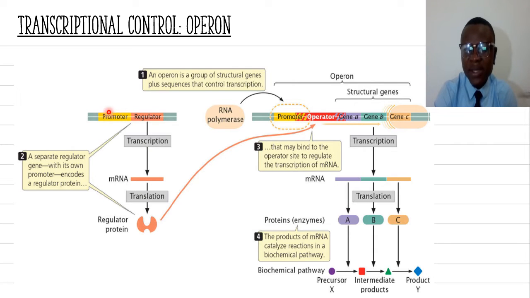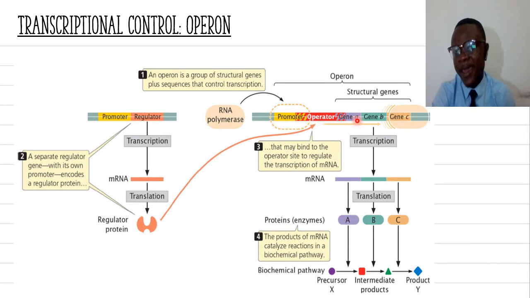RNA polymerase binds to the promoter of this regulatory gene, carries out transcription, and then the mRNA is produced and translated into a regulatory protein. The regulatory protein now goes on to bind to the operator and either inhibit or facilitate transcription. That's the importance of this entire segment of the operon.